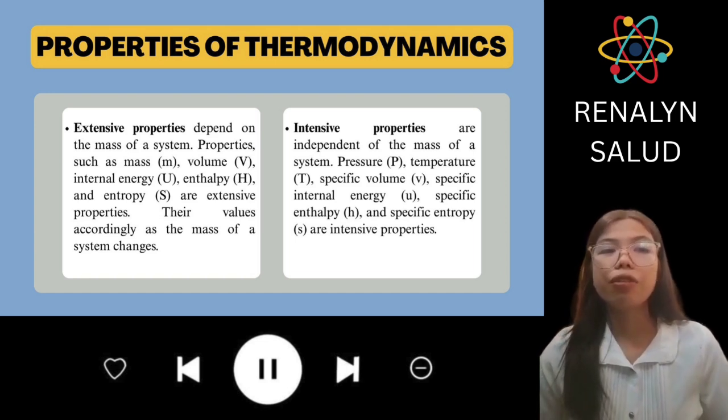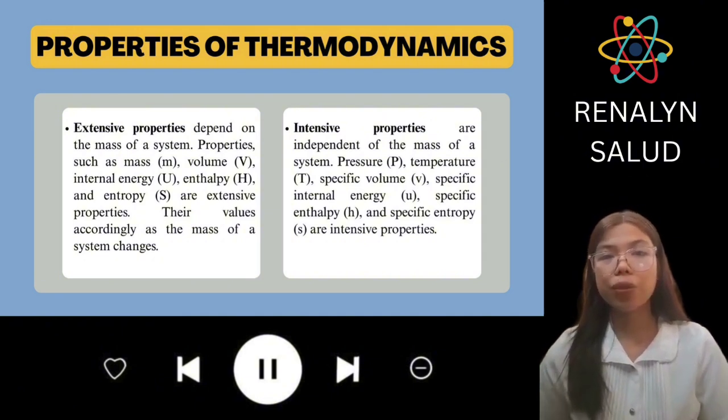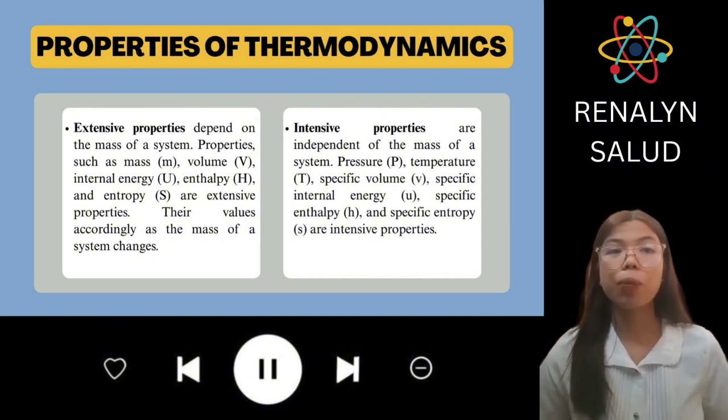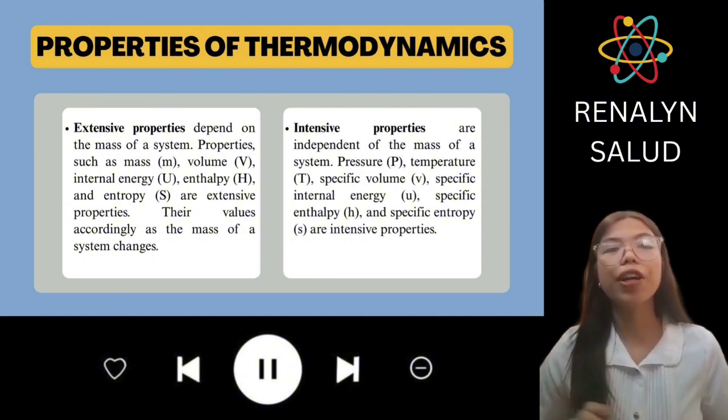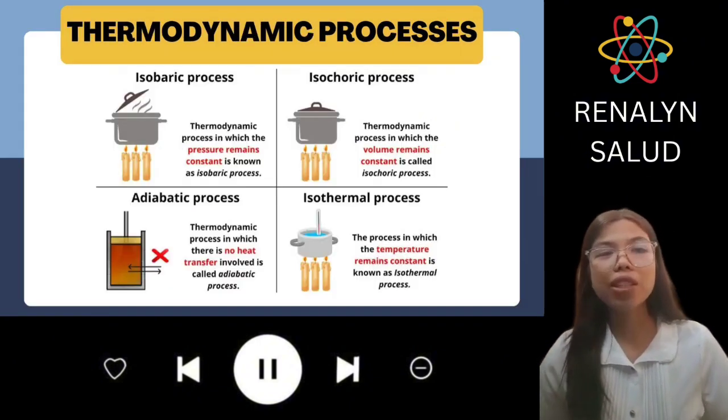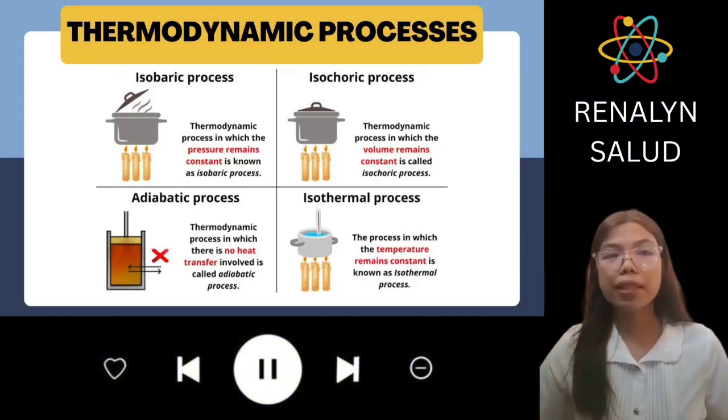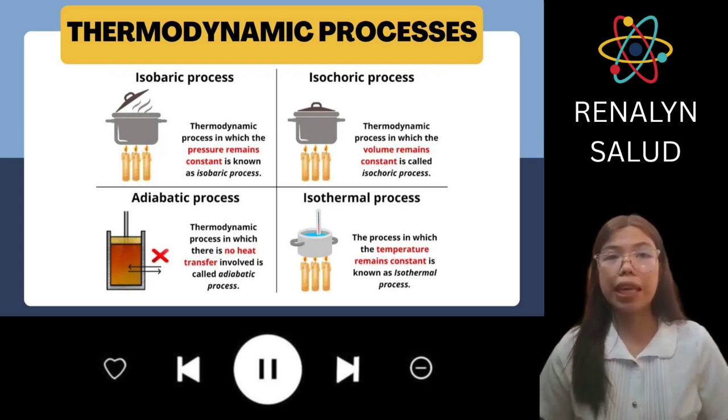The specific enthalpy, or h, and the specific entropy, or s, follow the same concept, so per unit mass. Let's take note that these remain the same even if the system is divided or the size changes, so they are non-additive.